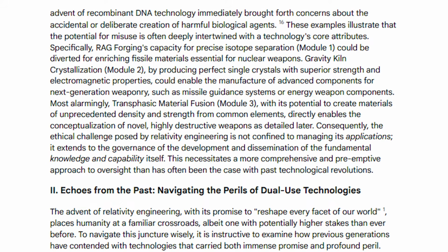Most alarmingly, transphasic material fusion, Module 3, with its potential to create materials of unprecedented density and strength from common elements, directly enables the conceptualization of novel, highly destructive weapons as detailed later.